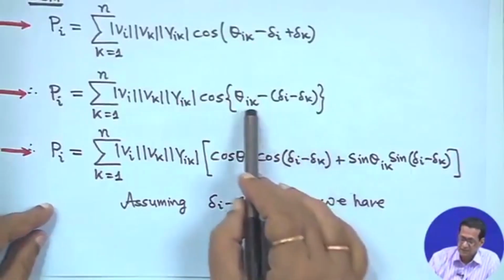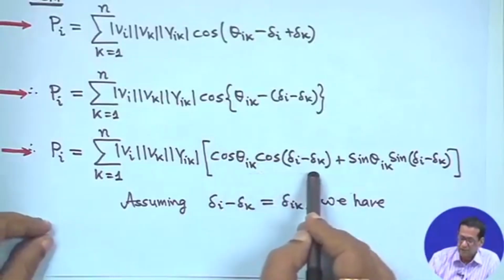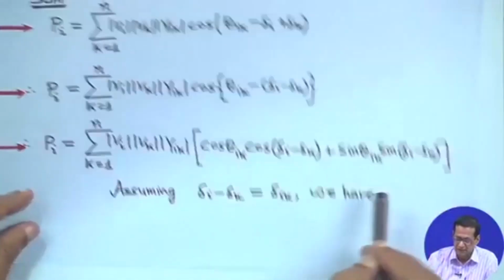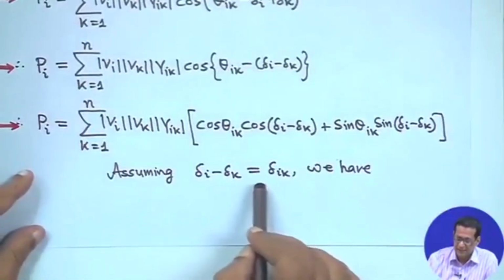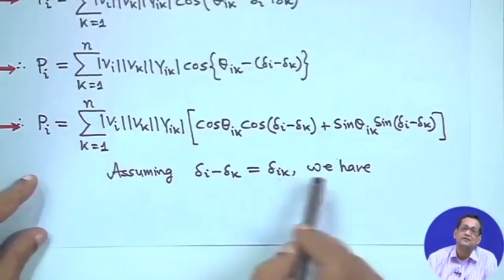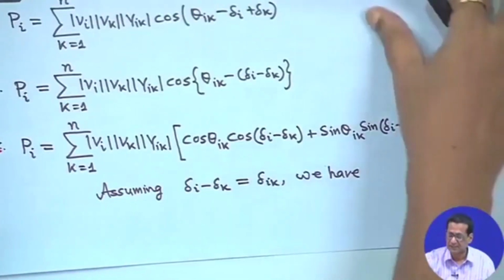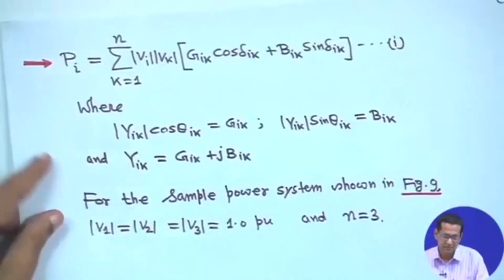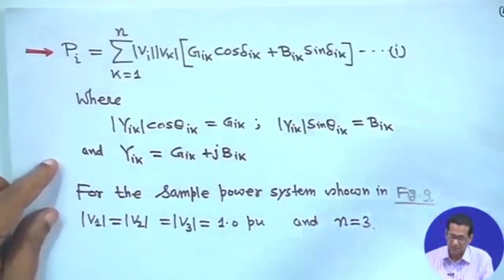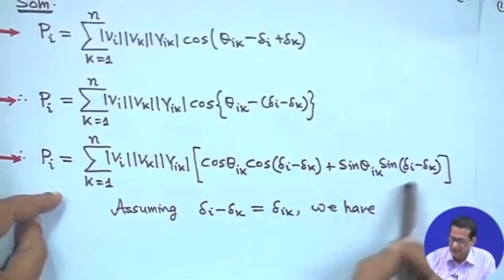I mean this identity: cos(A minus B) equals cos A cos B plus sin A sin B. So we write cos theta ik cos(delta i minus delta k) plus sin theta ik sin(delta i minus delta k). Now we assume that delta i minus delta k is equal to delta ik. That means delta ik is equal to delta i minus delta k. Then this equation can be written as Pi equal to the sum over k equal to 1 to n of Vi Vk Gik, with cosine delta ik, and sin delta ik.